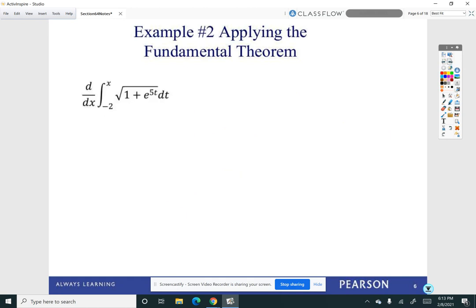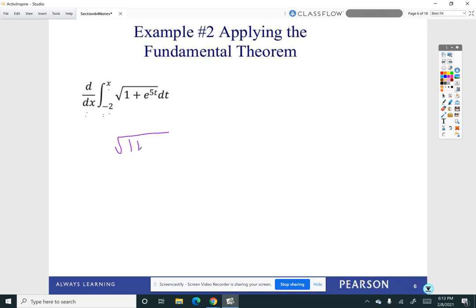I'm going to try to apply the theorem. So I'm doing the derivative of the integral from a constant to x of the square root of 1 plus e to the 5t dt. So it's up to me to know, well, this is a fundamental theorem question. I'm taking the derivative of an integral. Those are inverse operations of each other. And if I evaluated this, I'd be plugging x in for the t.